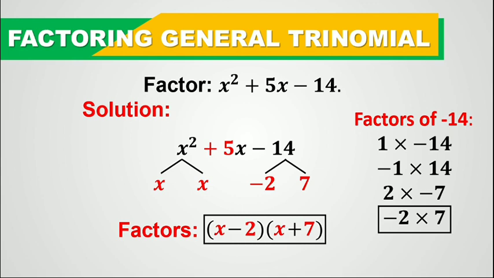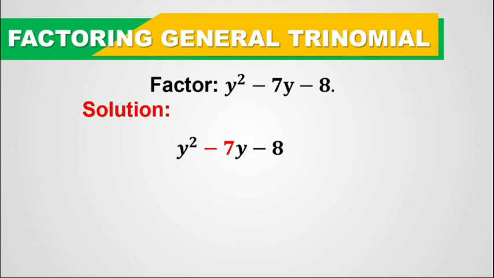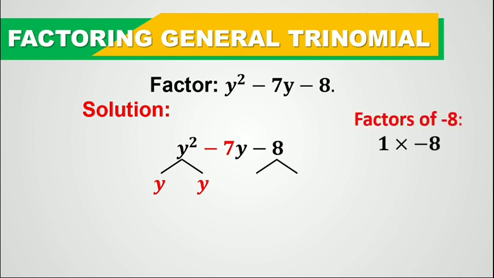Now what about this one? Let's factor y squared minus 7y minus 8. You could use other letters or other variables aside from x. So let's try y squared minus 7y minus 8 and we're going to factor this trinomial. Again, factor y squared: y and y. And then the factors of negative 8. We have 1 times negative 8, negative 1 times 8, 2 times negative 4, and negative 2 times 4.